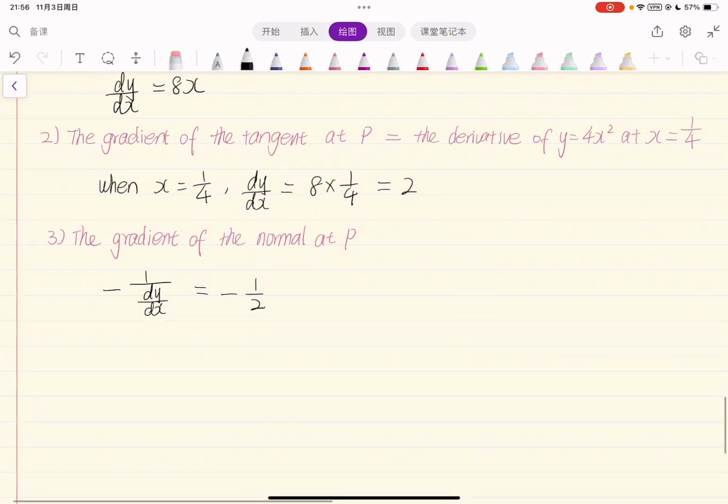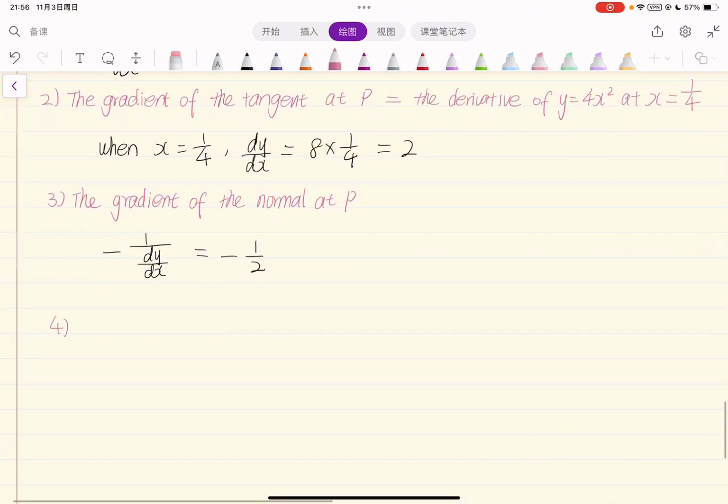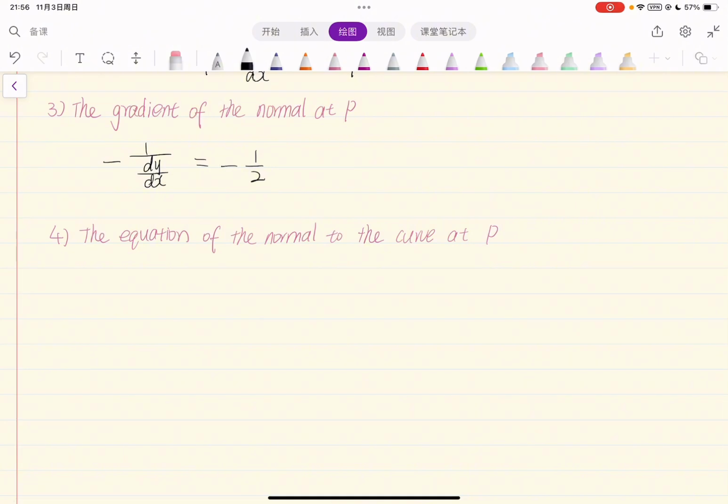Then we can write down the equation of the normal to the curve at point P. In general, we have the equation y minus f(a) equals negative 1 over f dash a times x minus a.